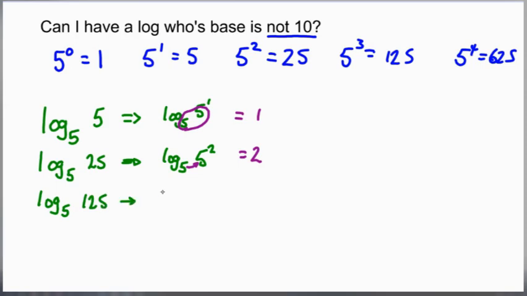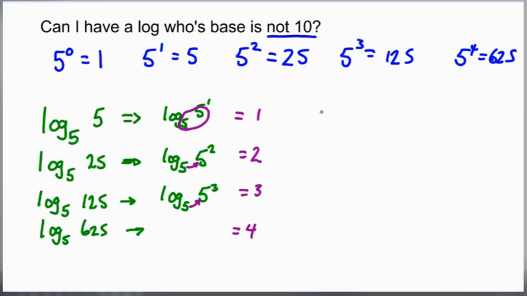That's the log base 5 of 5 cubed. This and this match, so the answer is 3. And the last one of these, log base 5 of 625. I'm sure you've realized already that the answer here is 4.